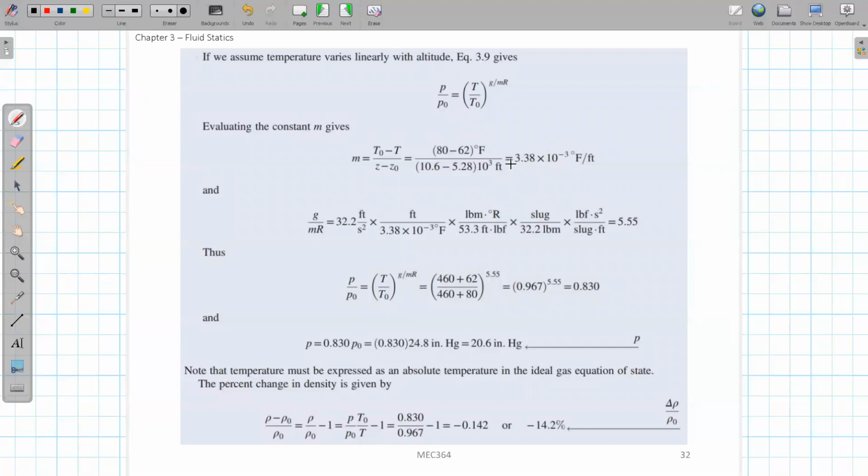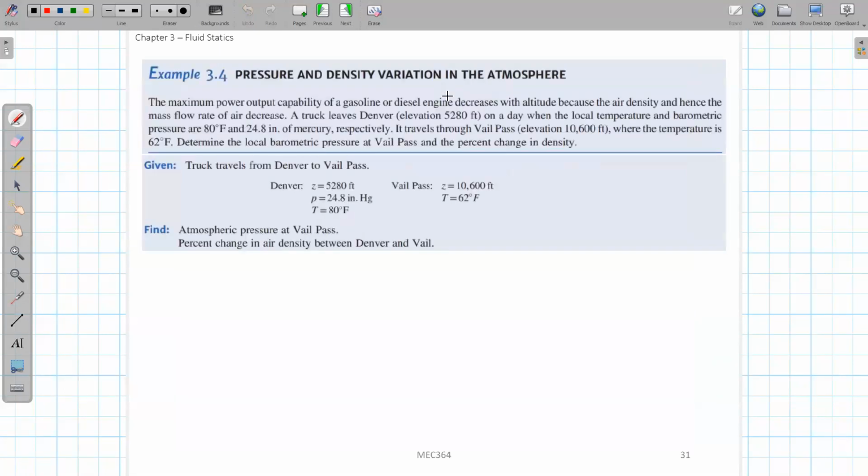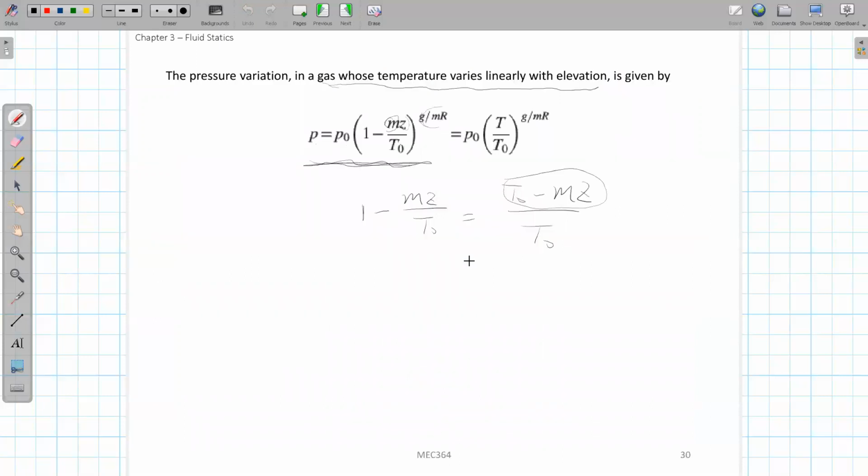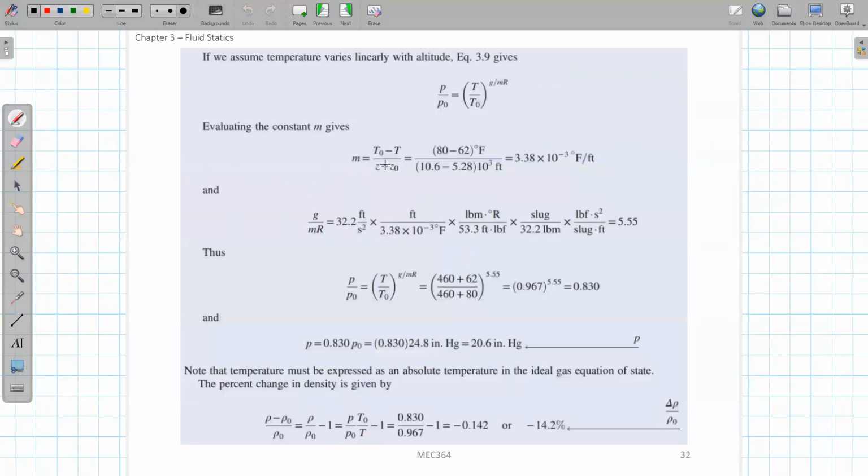You see that we switch order, using T0 minus T on the top and Z minus T0 on the bottom, because when we define this m, we have this negative sign here, which means that the temperature will drop with altitude. That's why this order is switched, to ensure that m gives you a positive value. So we can quickly calculate what the m value will be.